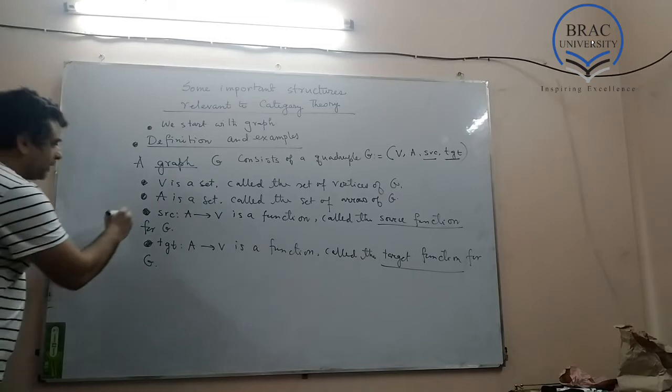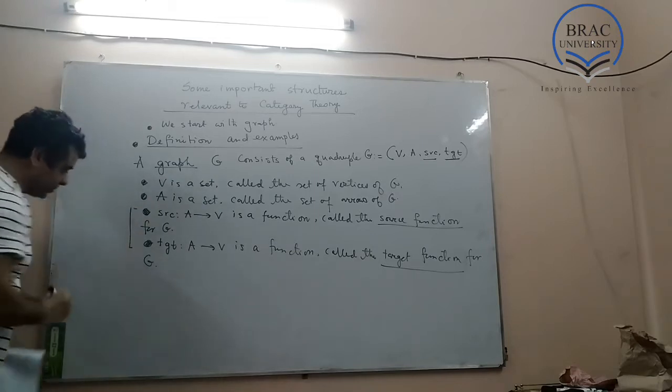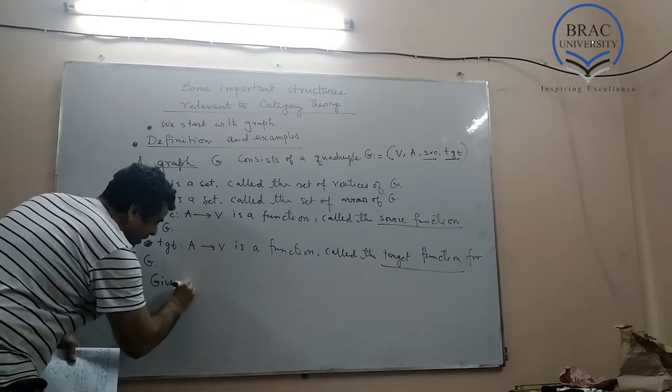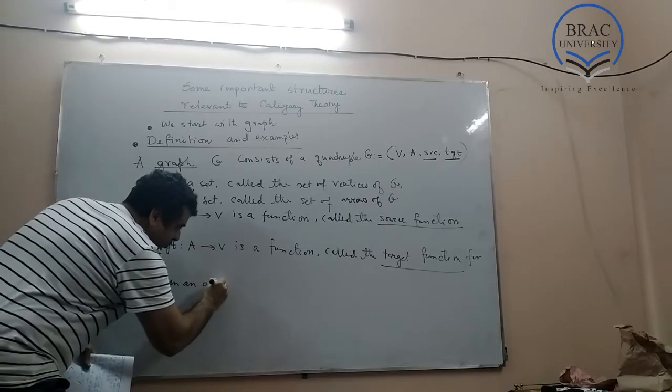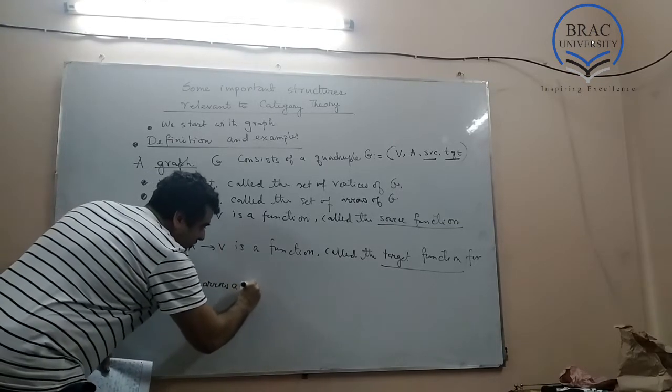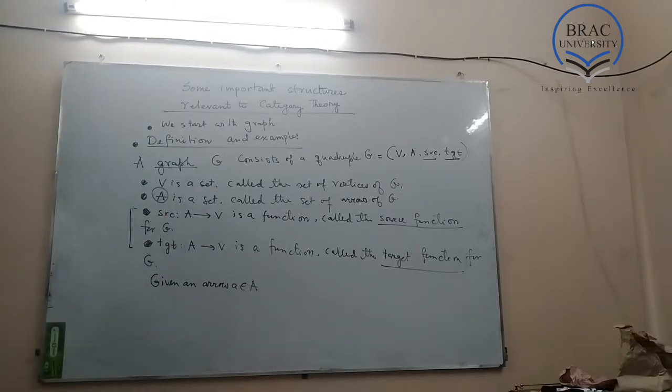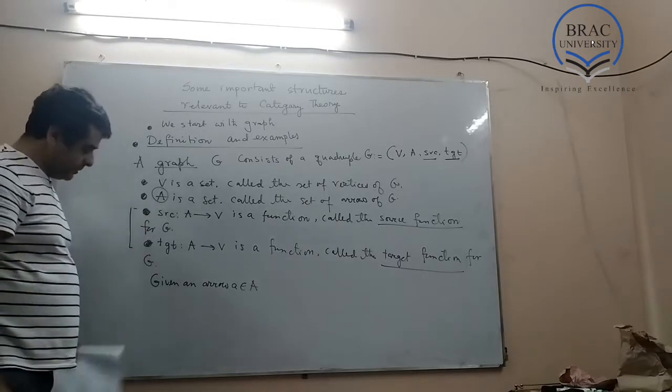So let me explain a little more about these two functions. Given an arrow a belonging to the set A, so there is a set of arrows here, and we choose an element from this set.